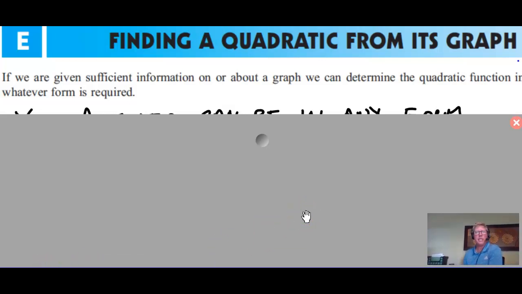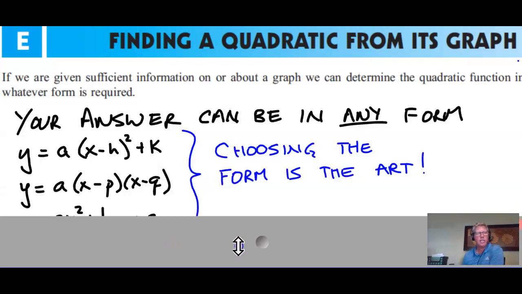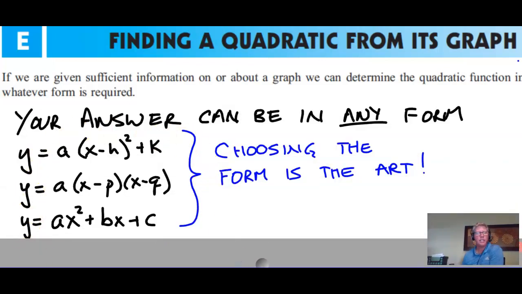Simple task today. I'm going to give you a picture, and you're going to write an equation. Here's the art: I'm going to give you quadratics, and the key is which form you should pull the information from and just plug it in.